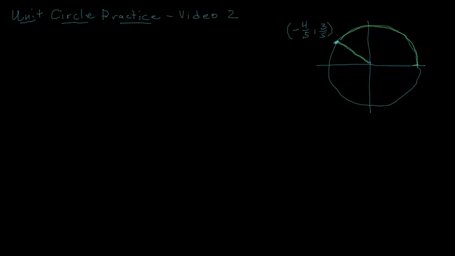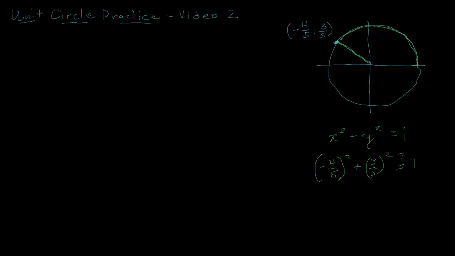The unit circle is defined by x squared plus y squared is equal to 1. And if we put in our values here, -4/5 squared plus 3/5 squared, we want to know, is that equal to 1?